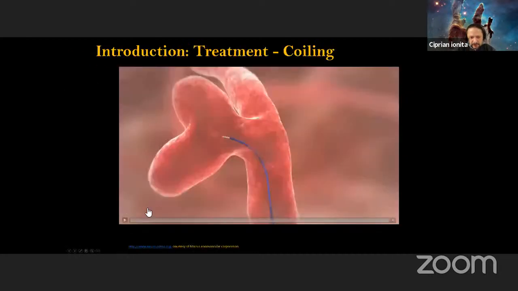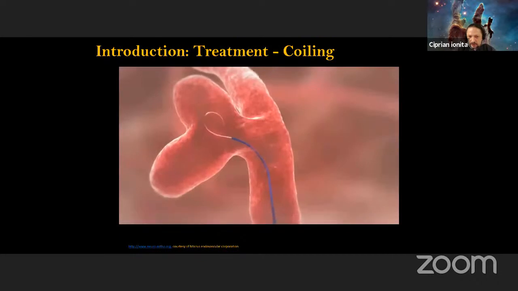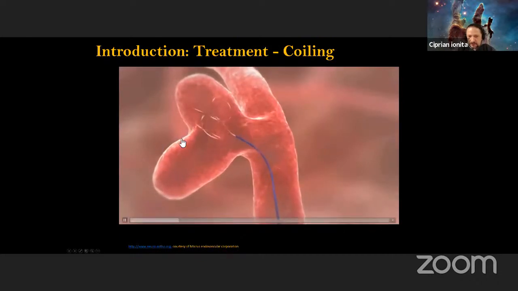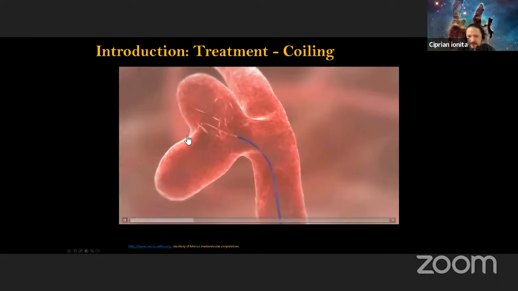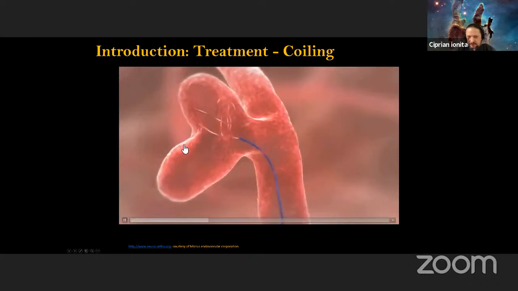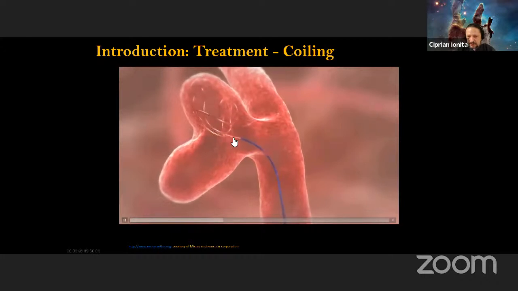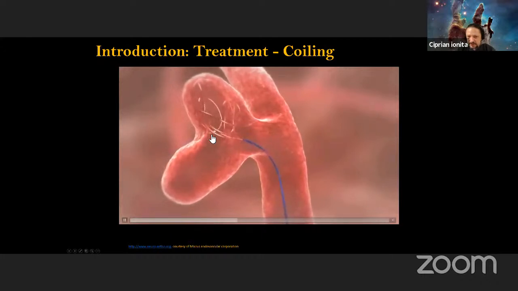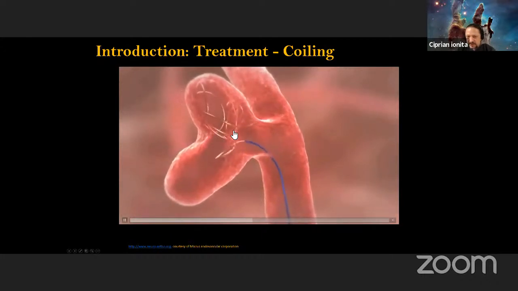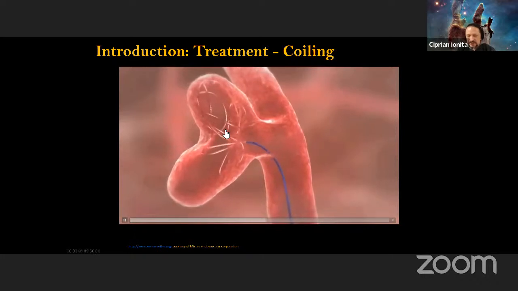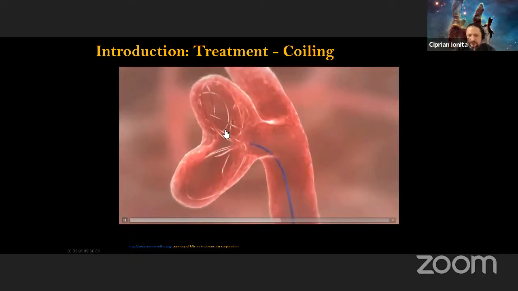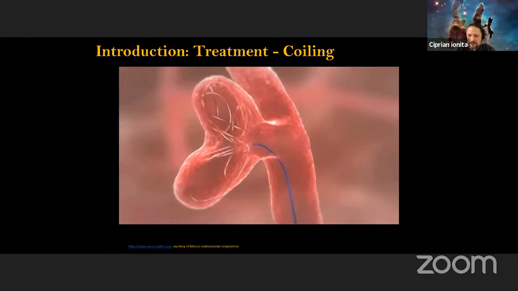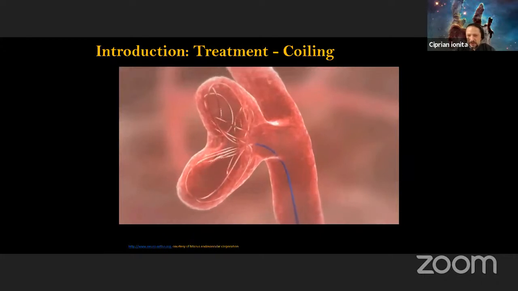So I'm not sure how many in my audience were trainees or residents, and I will go over this a little bit because they are the main focus of the presentation. For an aneurysm treated with coils, a device like this is placed into the aneurysm, and the idea is to use the structure of the device to reduce the risk of rupture by modifying the hemodynamics in the aneurysm dome.